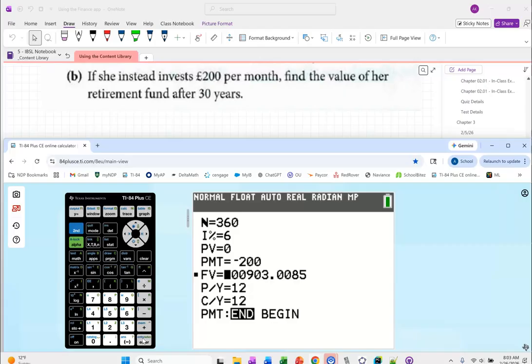Would you have to change the N, because it was how much you were putting in times the amount of years, so it was 150 times 30, would it be 200 times 30 now?